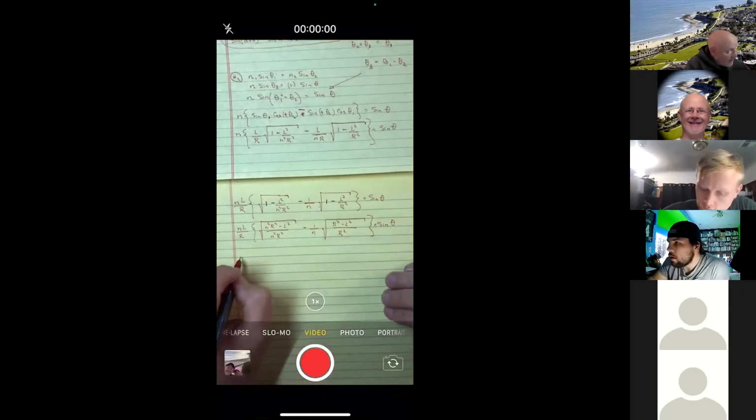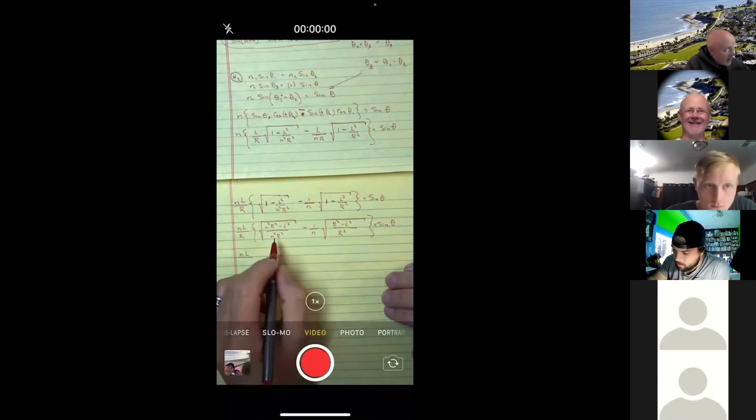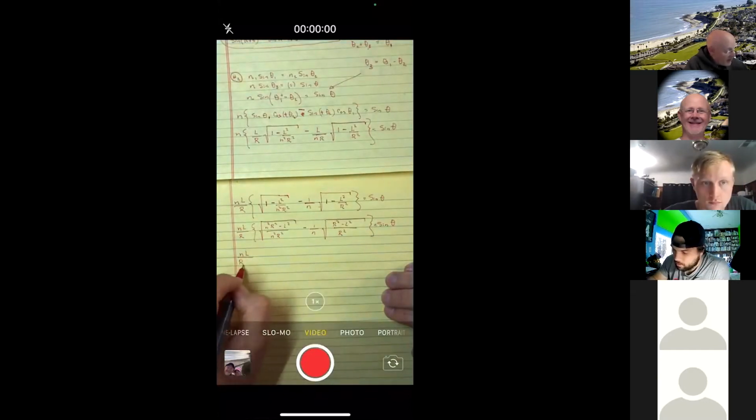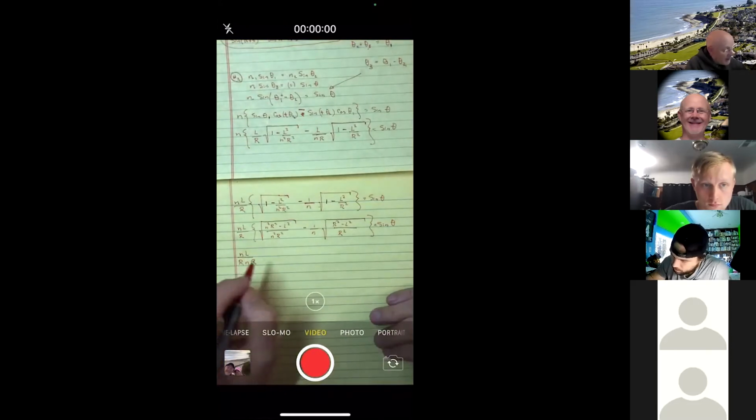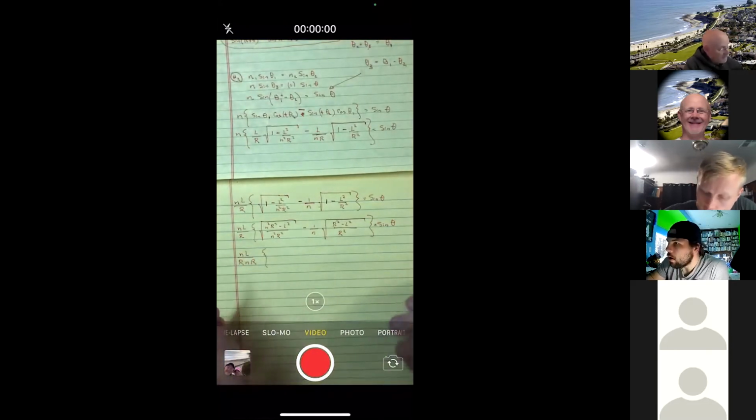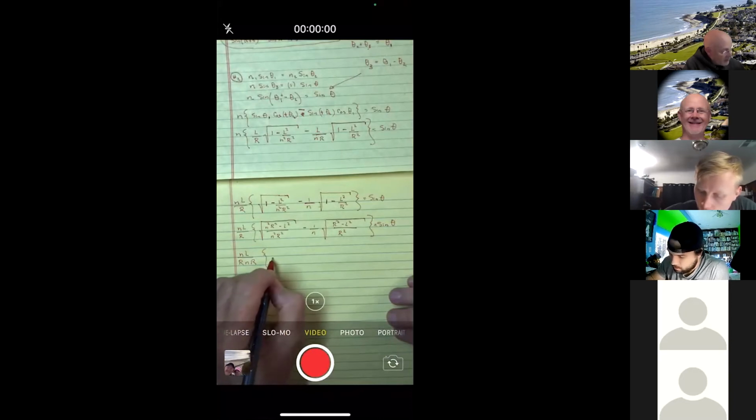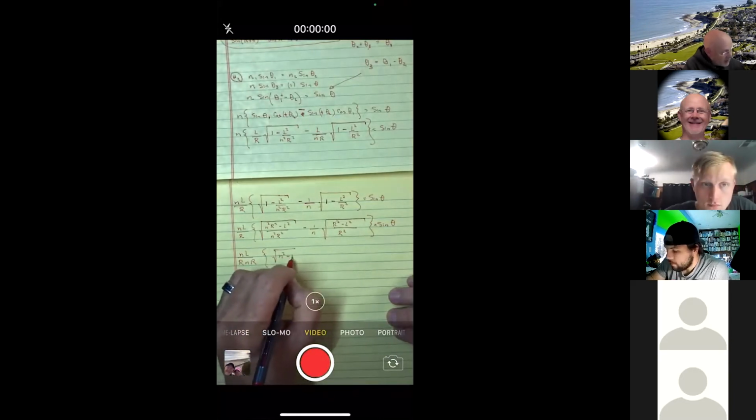So that means I can take, well, I already have one R. When I bring it out, I get another N and an R, which then I'm left with the square root of N squared R squared minus L squared for that square root.